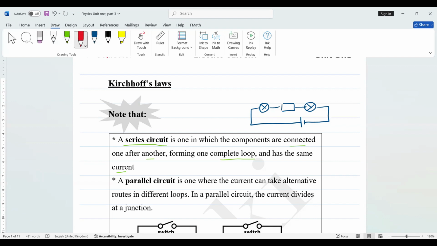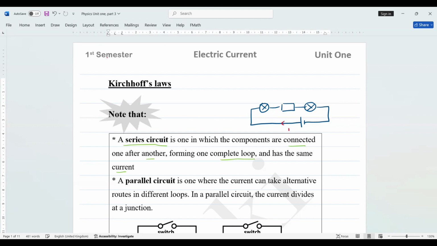The current is denoted by I. Of course, we mean conventional current. It is the same current through all components. So this is one loop, containing one current.